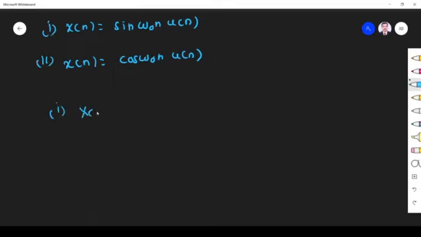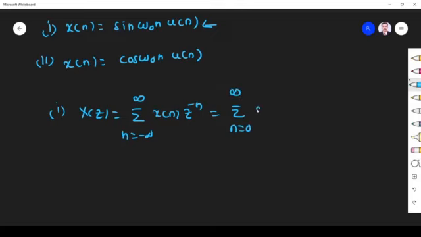So X of z is equal to summation n goes from minus infinity to plus infinity x of n z power minus n. So x of n is sine omega naught n, and we know u of n ranges from 0 to infinity. So it doesn't exist for negative n. So I don't need to go from minus infinity to plus infinity. I go for only 0 to infinity.